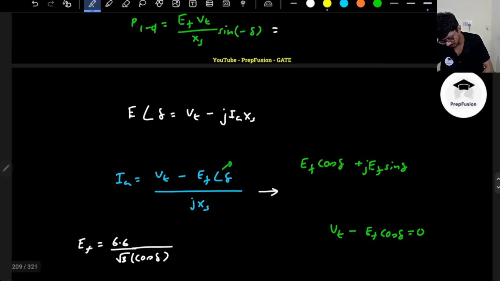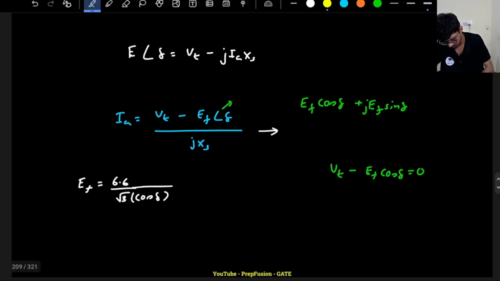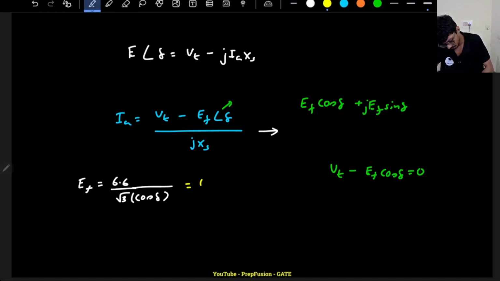Delta is 30 degrees, so this will be 6.6 divided by root 3 divided by cos 30, which is 0.866, and that comes out to be 4.4 kilovolt. Okay, this is my EF.